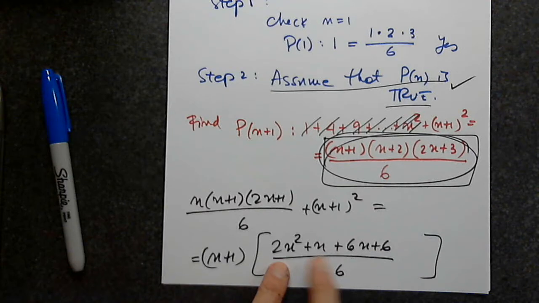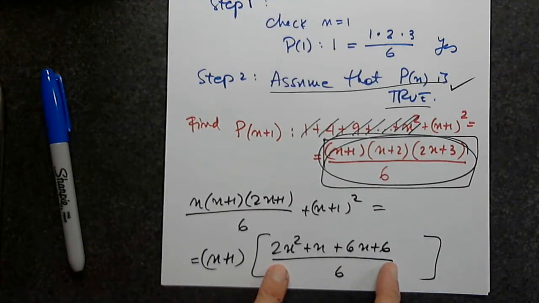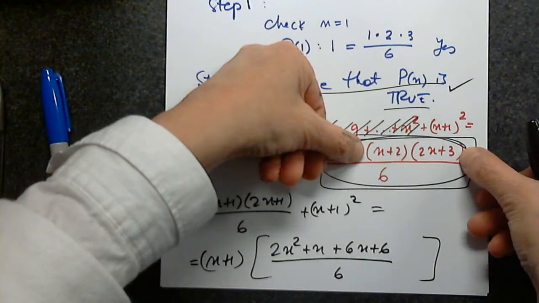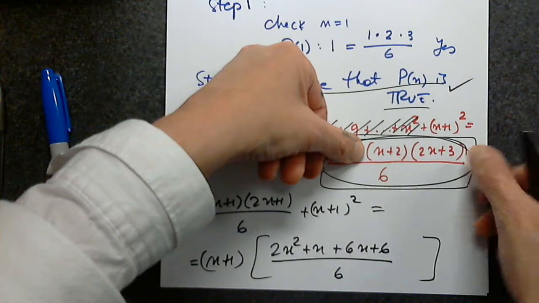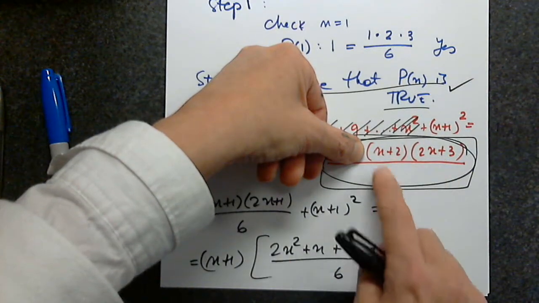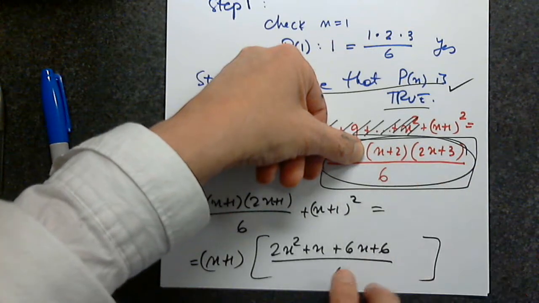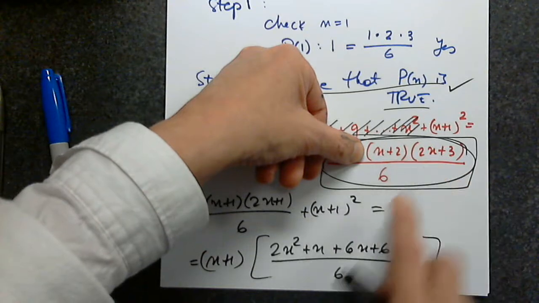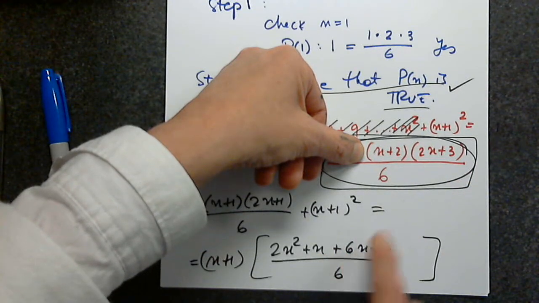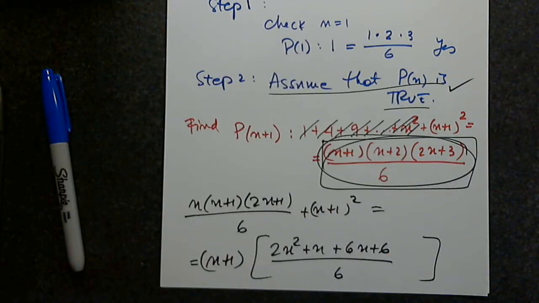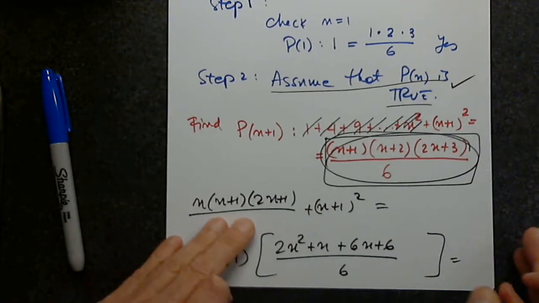So now I have 2n squared plus 7n plus 6. Do you think that this product at the top will be this? 2n squared plus n squared, 3n squared plus 3n plus 4n plus 6. So I'll write it, of course.